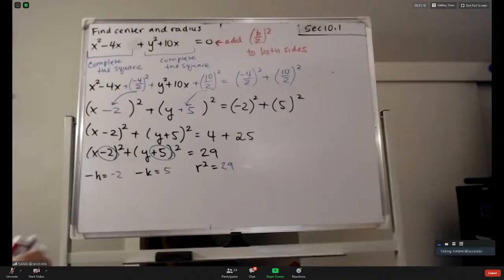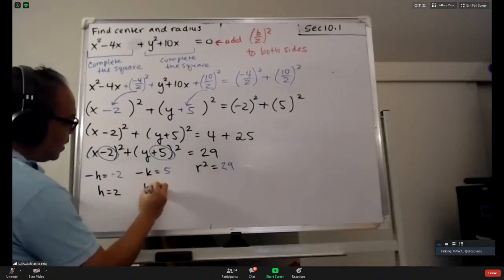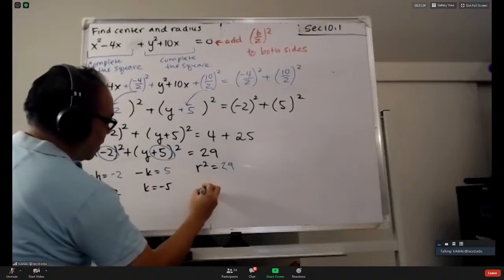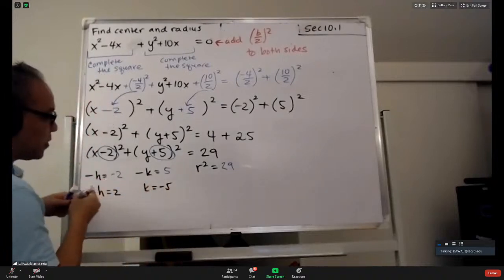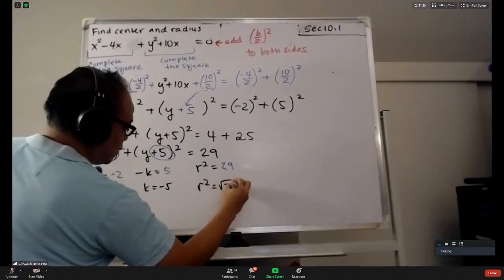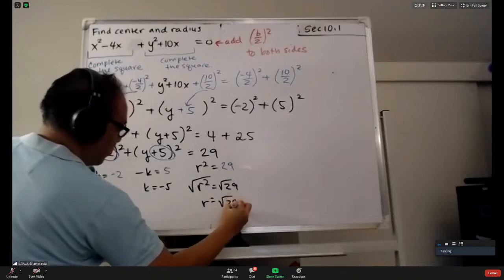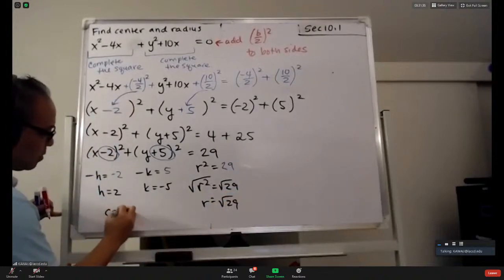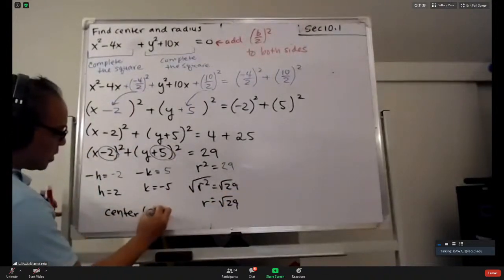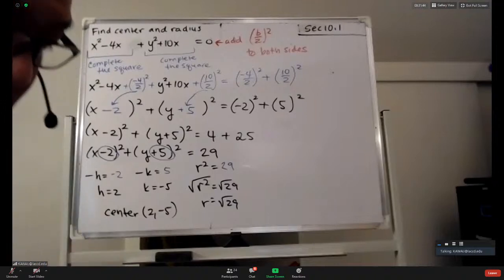So now we have h is equal to 2, k is equal to -5, and then we'll square root both of these. So then your center is 2 comma -5. Okay. Now let's take a picture of this.